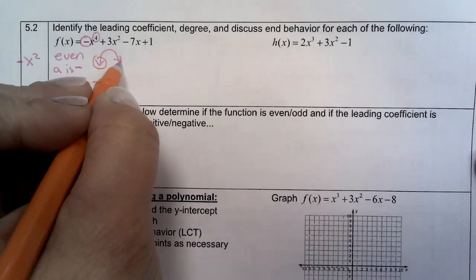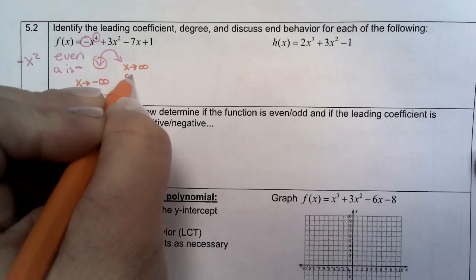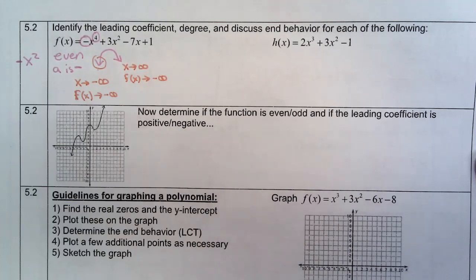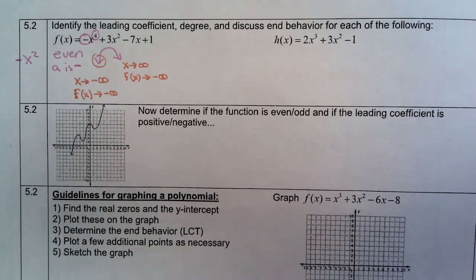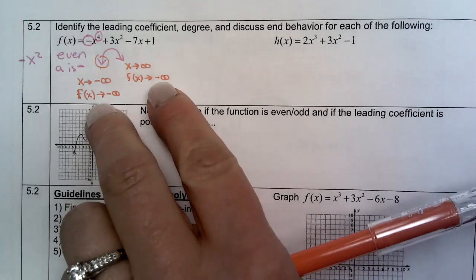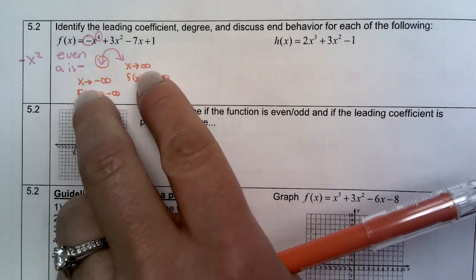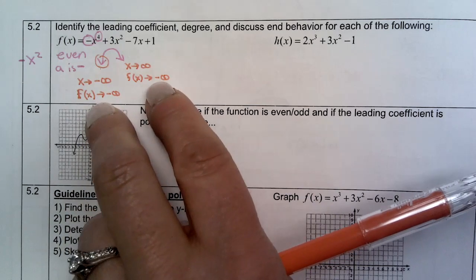On this side, as x goes to positive infinity, my y value goes down. So that's what I'm looking for when I'm talking about the end behavior. These things need to be written down. As x goes to negative or positive infinity, what happens to y? That's my end behavior.